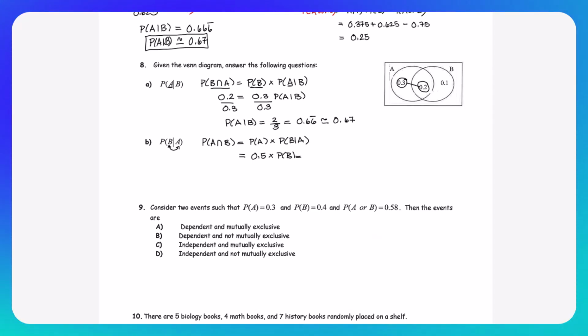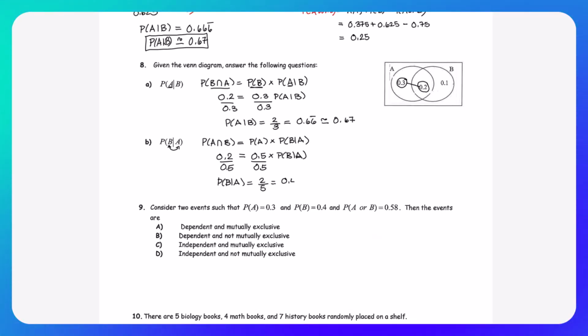And just like in the first one, this one is still 0.2. It's still the intersection. So now we're dividing both sides by 0.5, which means the probability of B with A already happening is 0.2 over 5, which is 2/5, or putting it in the calculator is 0.4, and that's an exact decimal.